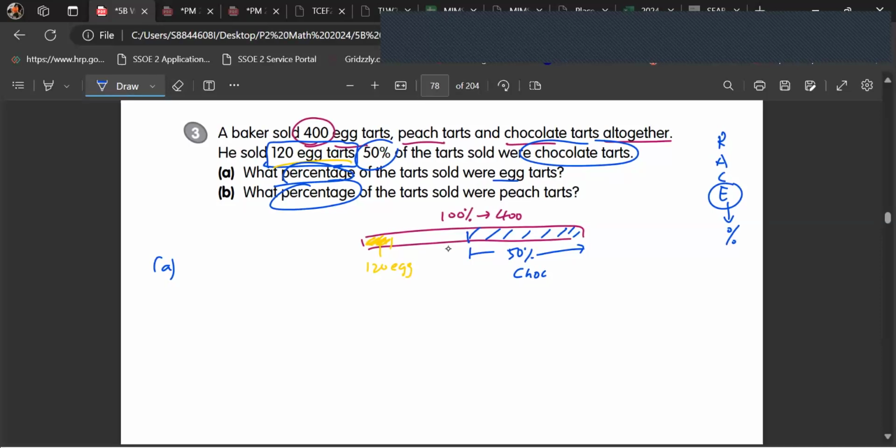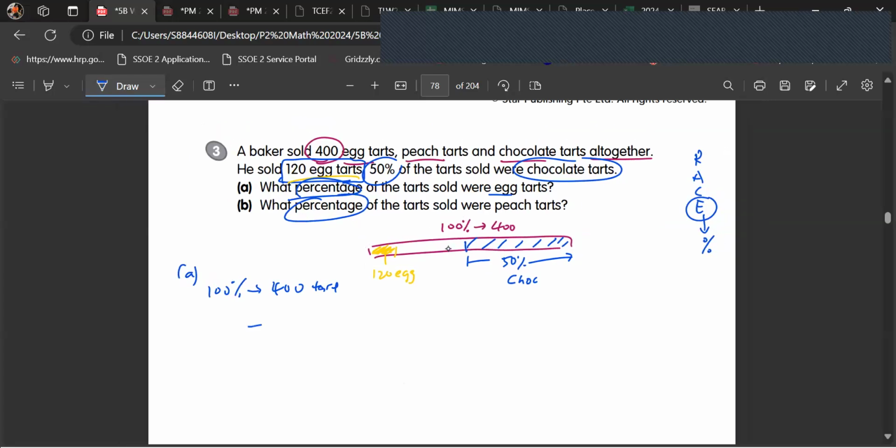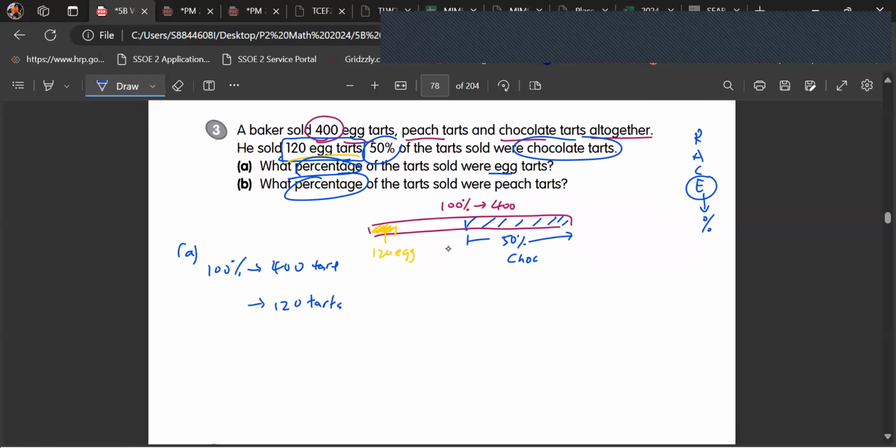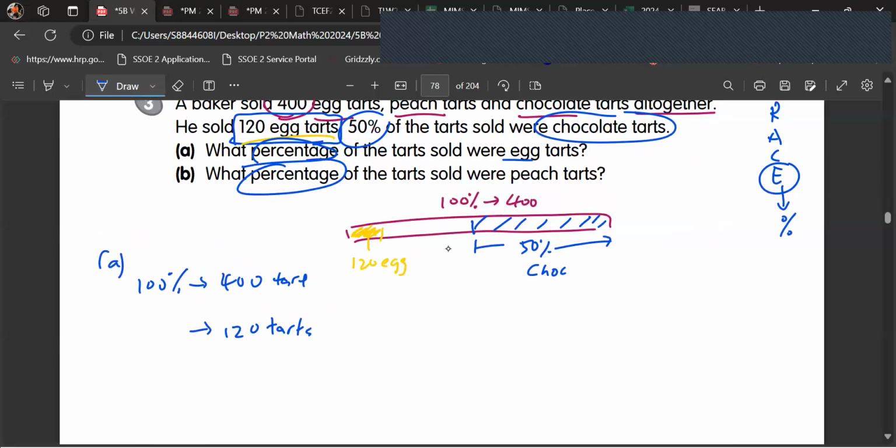Yeah. So looking at 400 is such a nice number. I may use the scaler method. When 100% is 400 parts, then this method is very friendly because I can go to 1% easily. Then the question is, I want to get to 120, yeah? Still a bit challenging because 4 must become 120.